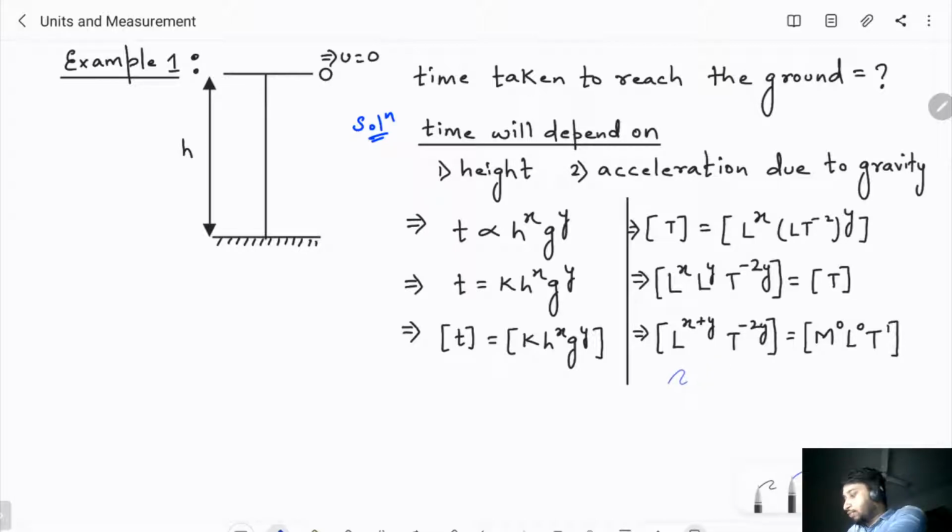So like x plus y will be equal to 0 and minus 2y. So power of T here is minus 2y and on this side we have 1. Okay. So if we simplify this expression, we'll get y as minus 1 by 2.